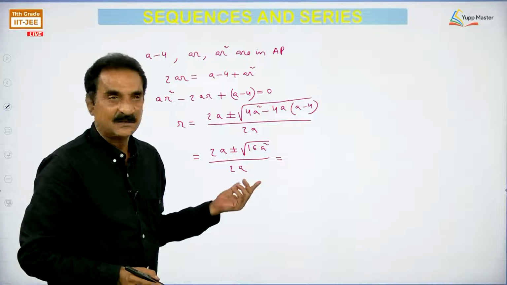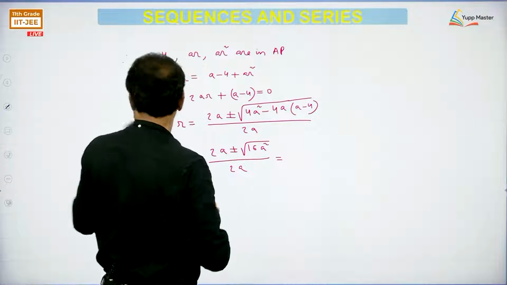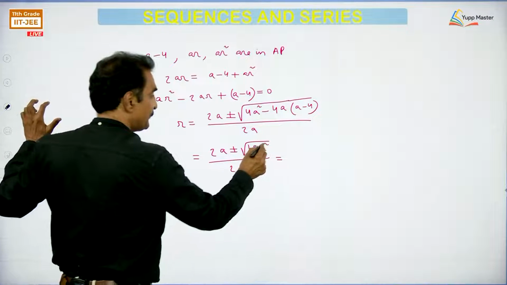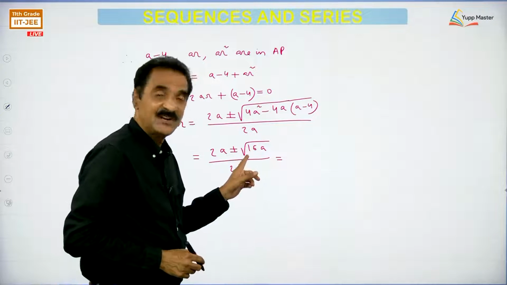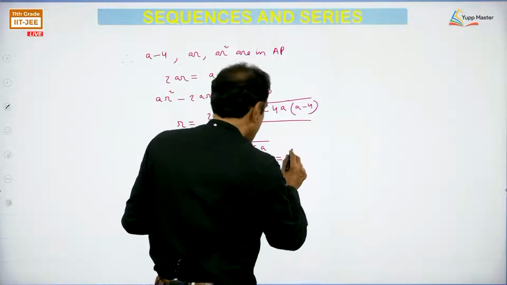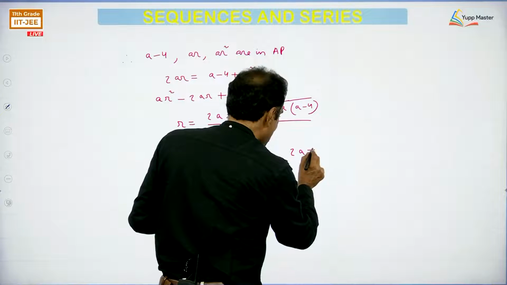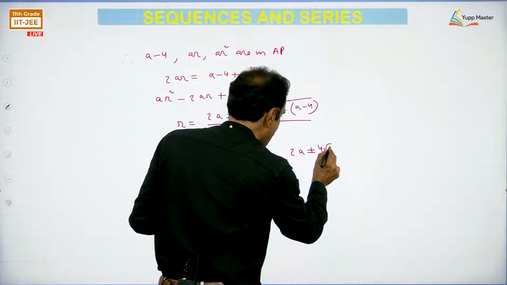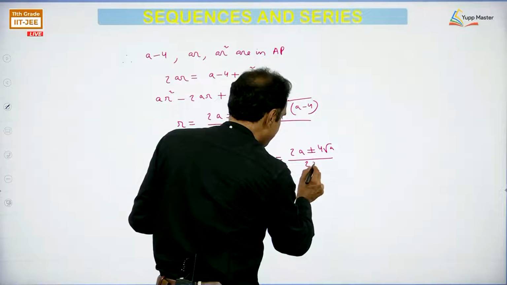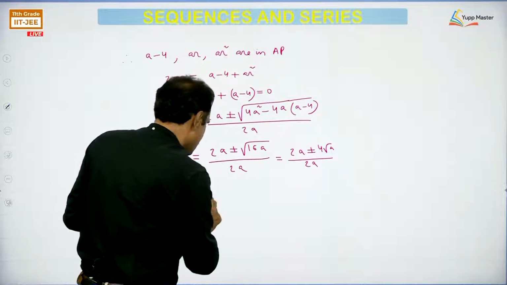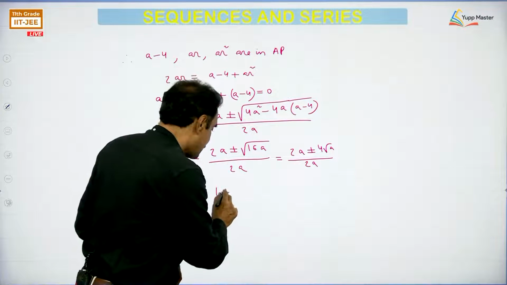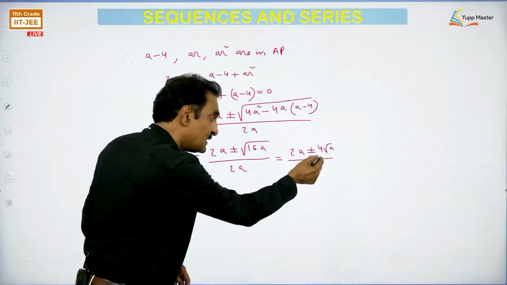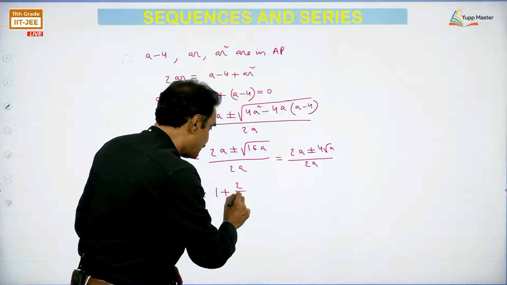Root 16a is 4 root a, so I will write it as 2a plus or minus 4 root a by 2a. Further, you can write it as 2a by 2a, 1, plus or minus this by this, 2 by root a.